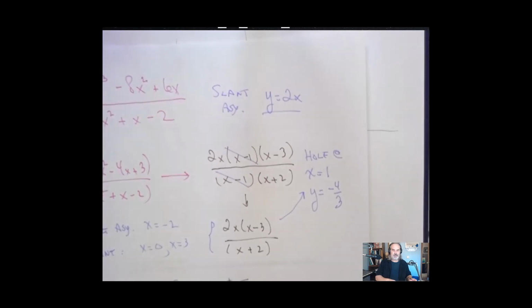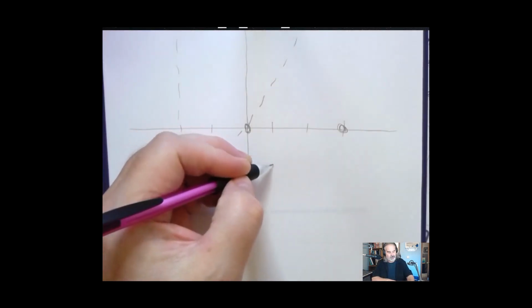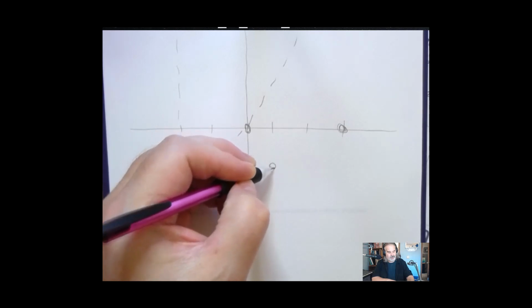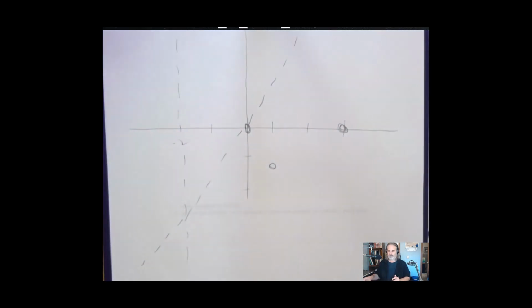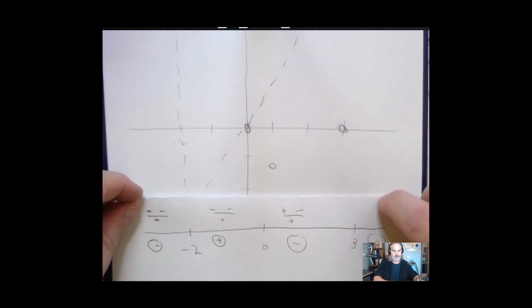And I know, remember, that there's going to be a hole in the graph at x equals 1, y equals -4/3. So right about there. Okay, and I'm going to fold my paper here. Let's not forget this information.